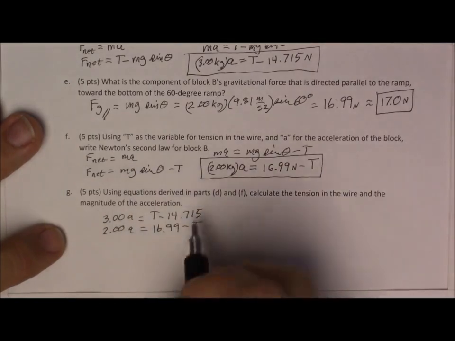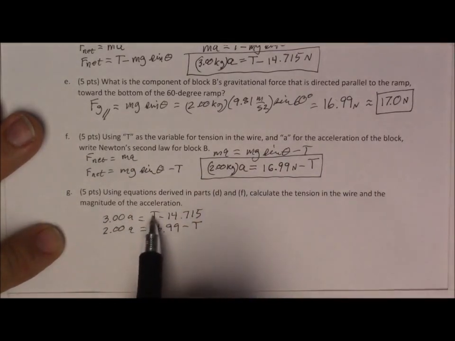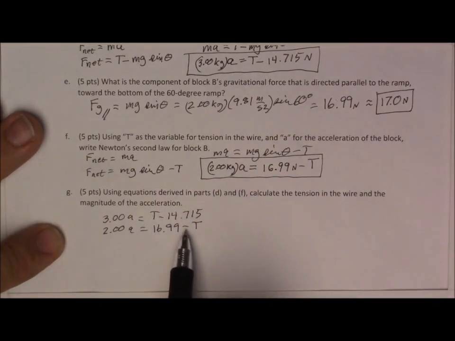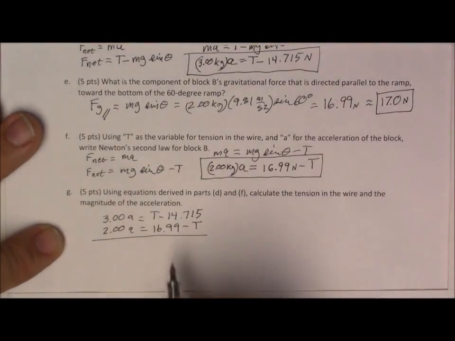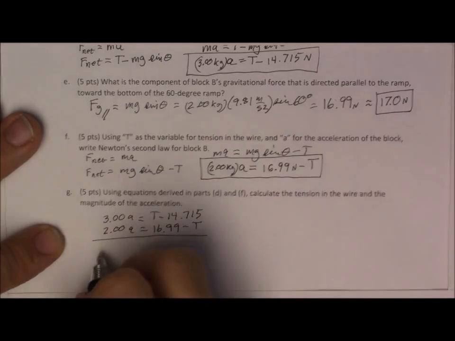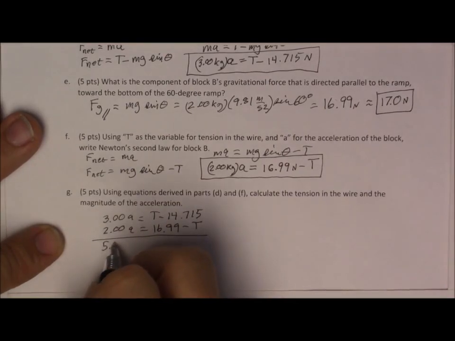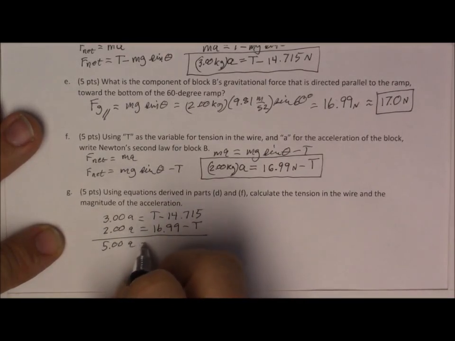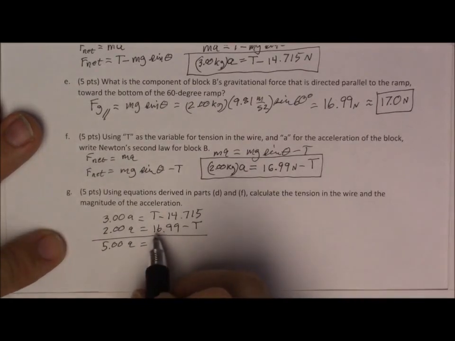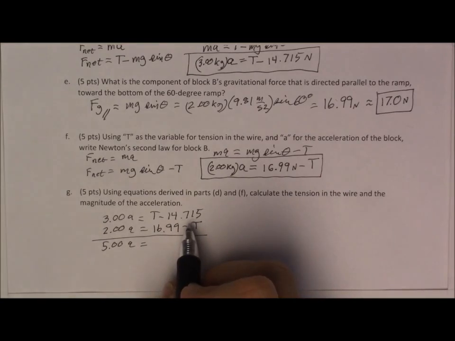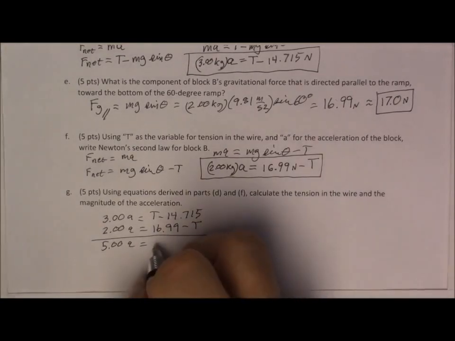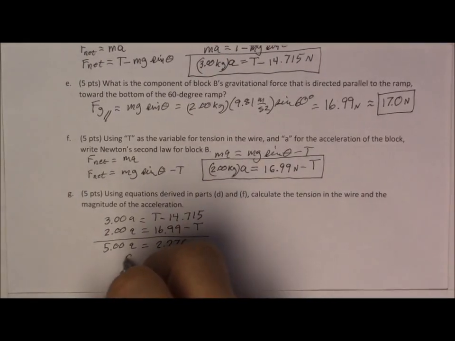And what I see right away here is that in this case T has a positive sign. Down here T has a negative sign. So if I add these equations, those T's will disappear, and we would end up with 5.00a equals essentially 16.99 minus 14.715, which is 2.276.